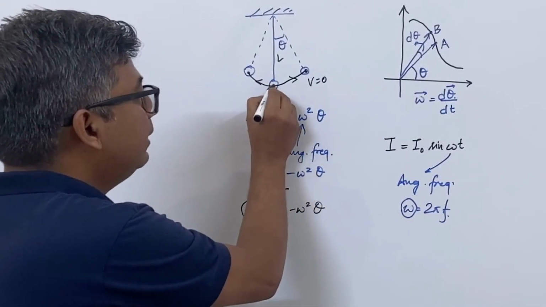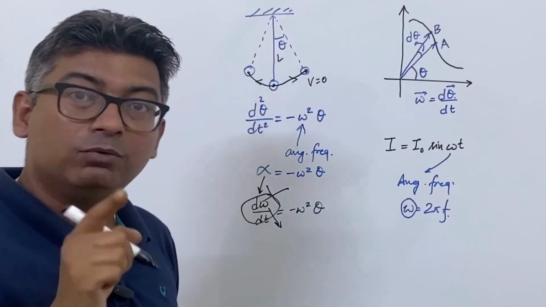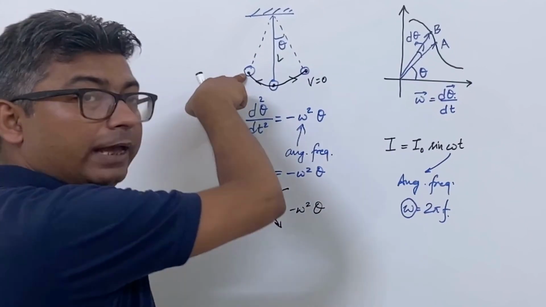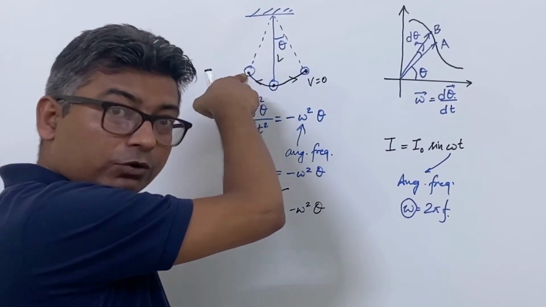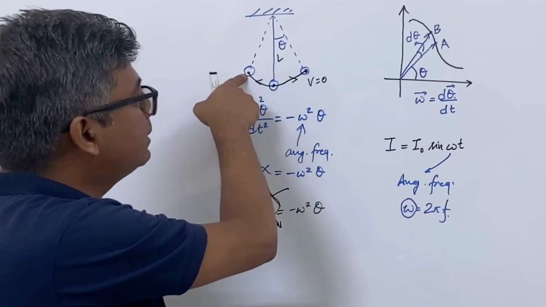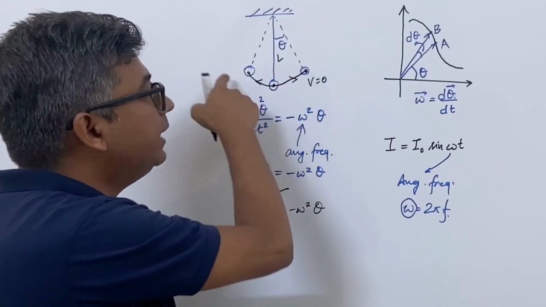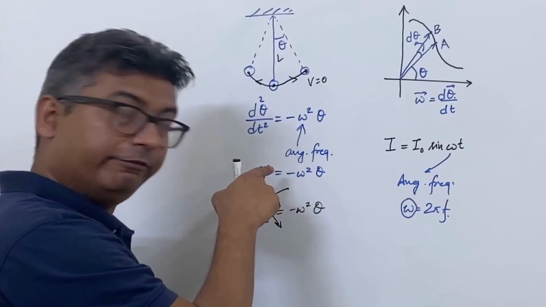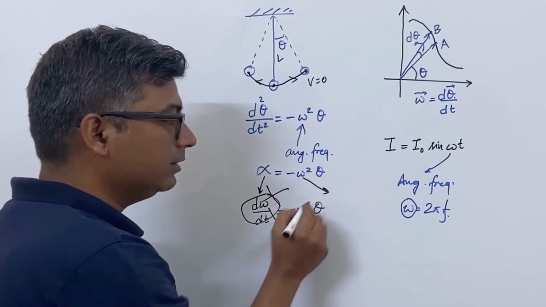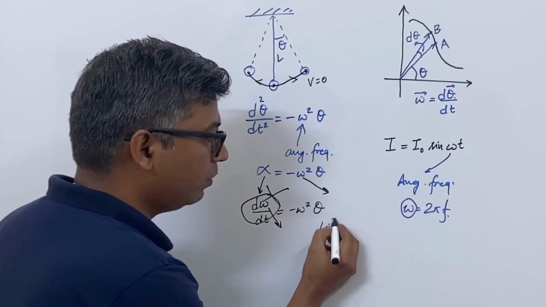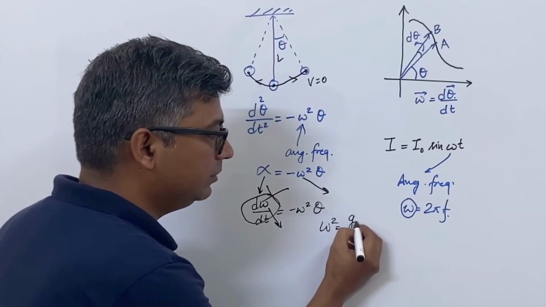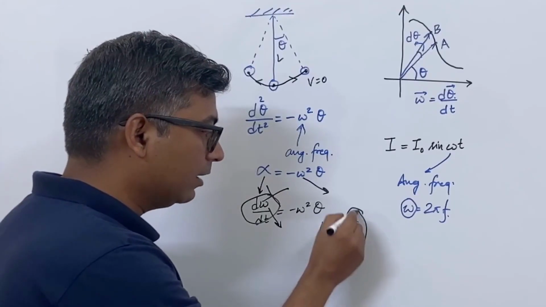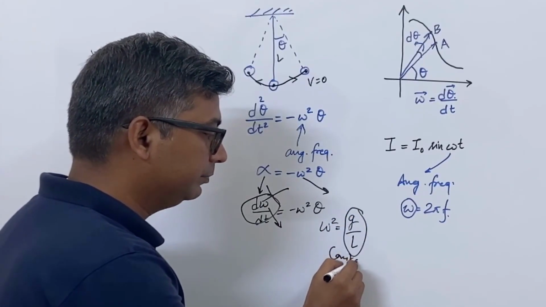At this instant, velocity is maximum, so angular velocity is maximum. Again, here, angular velocity is 0. Now, if you look at this, that means angular velocity is changing, and so is angular acceleration. Whereas, what is this omega square? This omega square is defined as g by L, and this is a constant value.